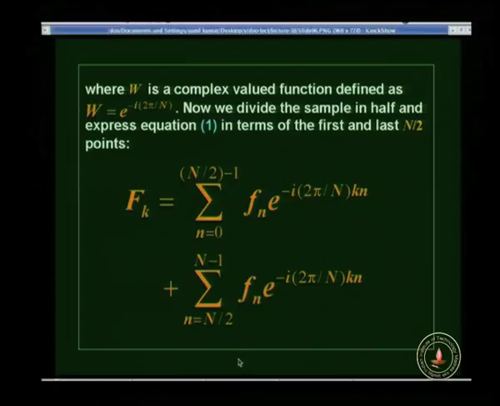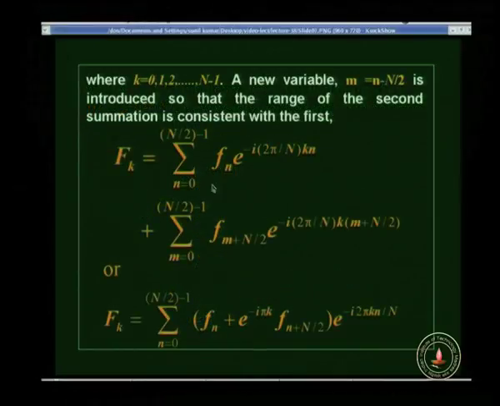Okay, and then we notice that I can change a variable here and then make the range of the sum the same. So I will replace this n by m minus N by 2, and write the sum as m equal to 0 to N by 2 minus 1, where here now f instead of n, it is f of m plus N by 2.